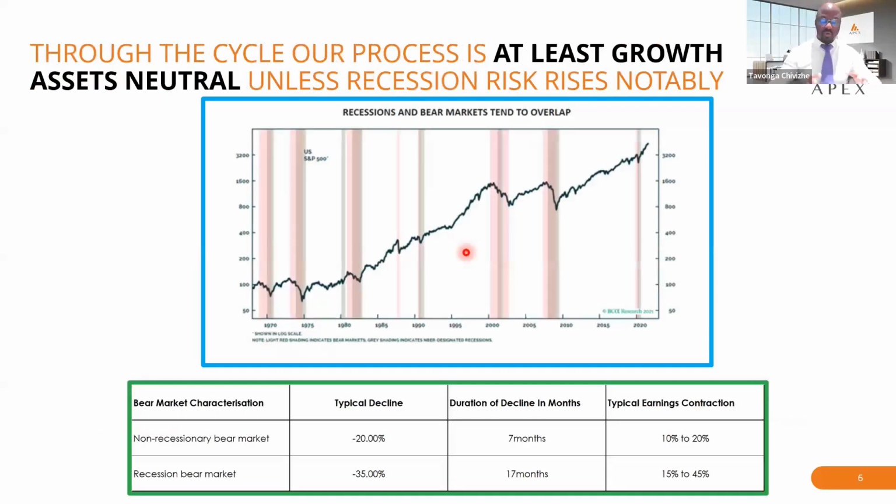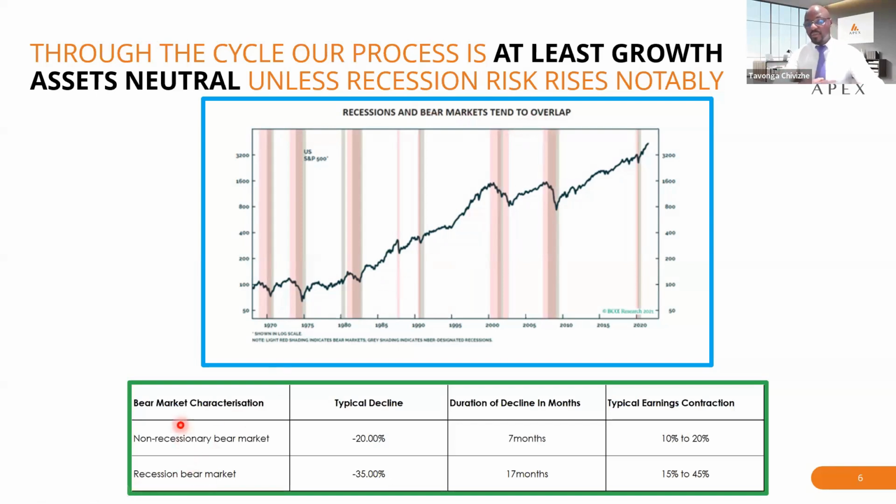You would know that when everything is said and done throughout the cycle, our goal is to be at least neutral to growth assets, to constructive, and only start to restrain our appetite whenever we anticipate a recession. And I think this is really based on our philosophical belief that usually bear markets and recessions tend to overlap.